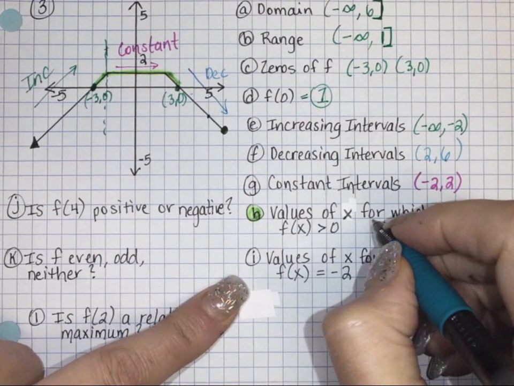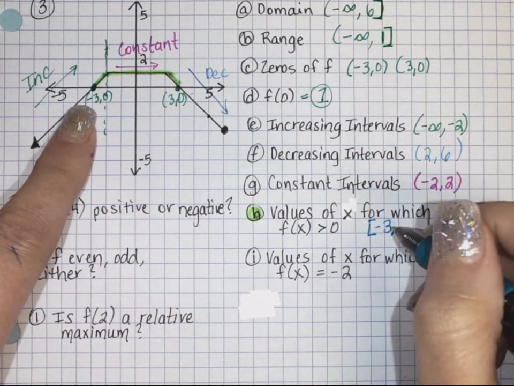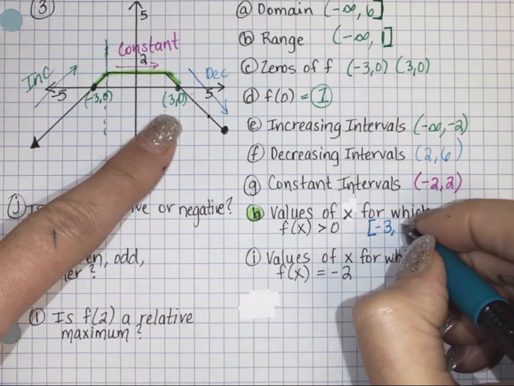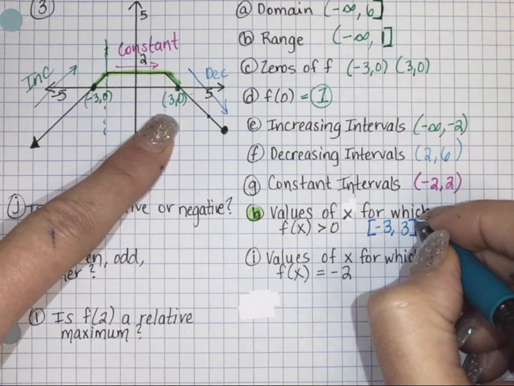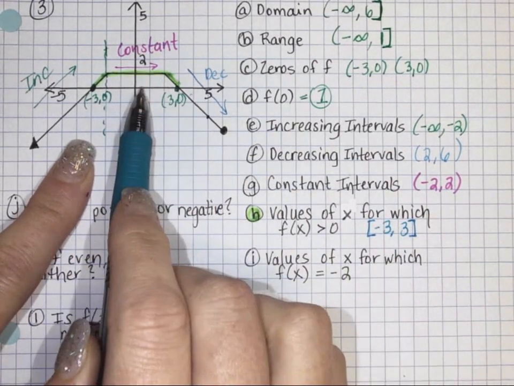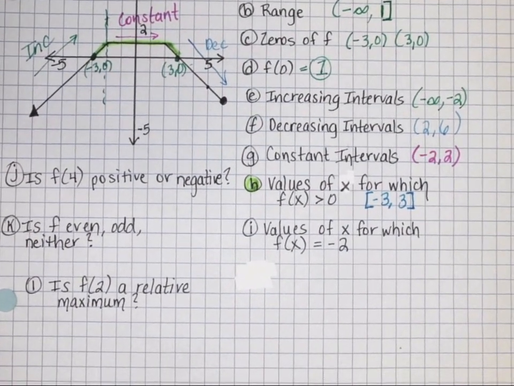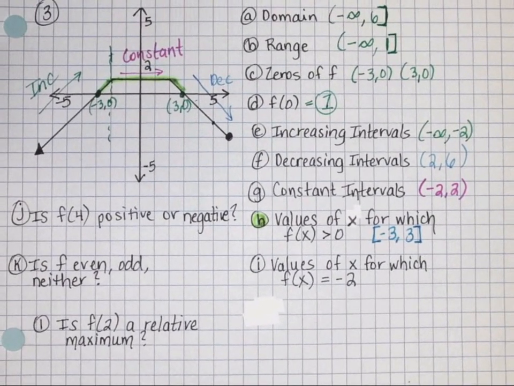Therefore, you would say from negative 3, bracket, include it, all the way to positive 3, bracket. All of those x values would have that. It's a little bit different way of thinking about it.